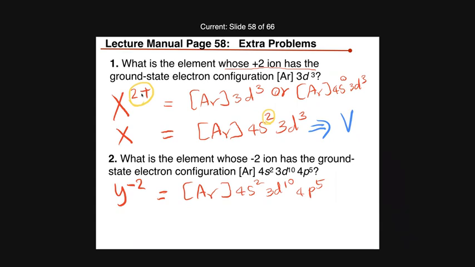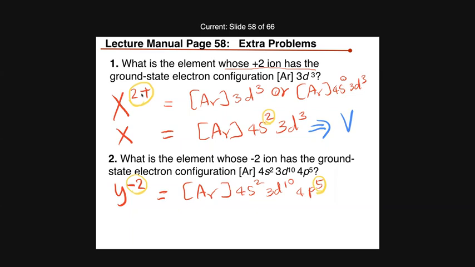So if you associate this 2 negative charge with the electron configuration, you need to know that these 2 electrons are already added to the highest n value orbitals. That would be 4p5, so they are already added in here.